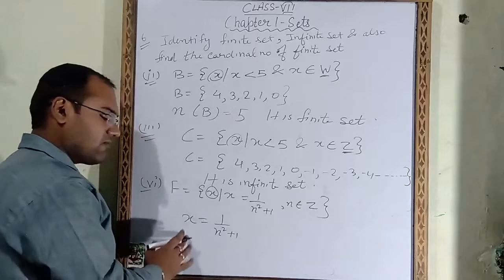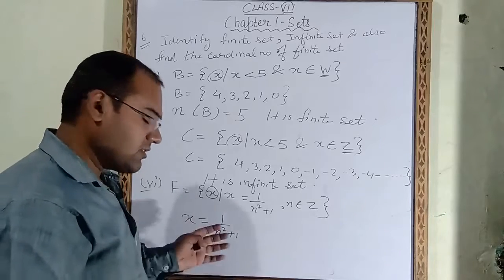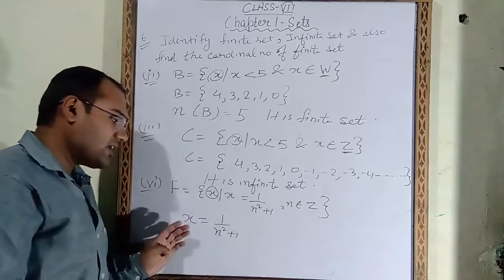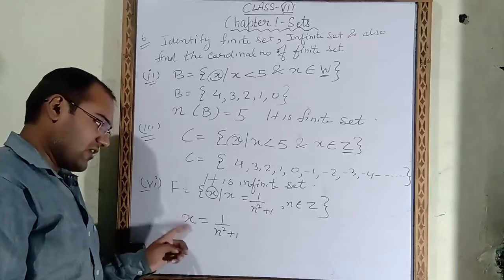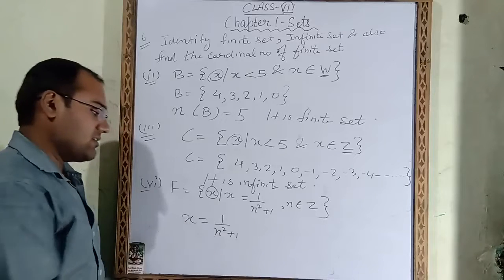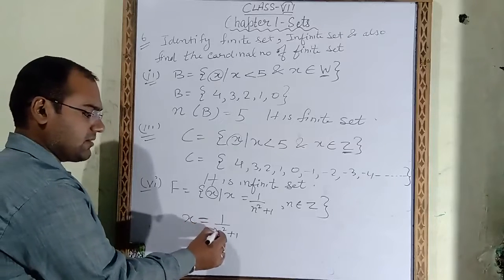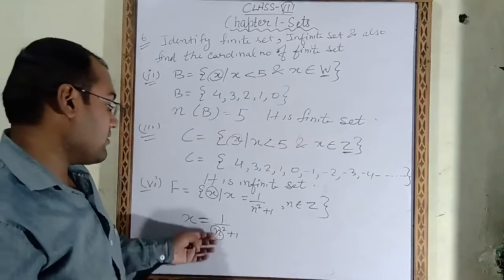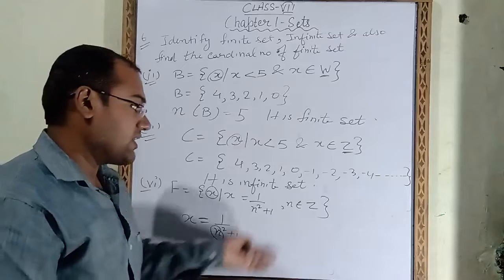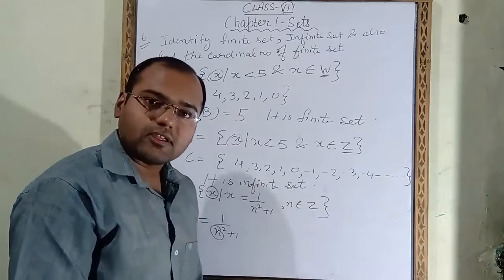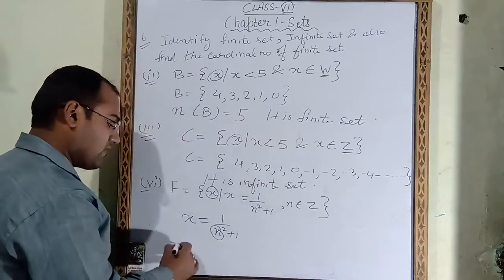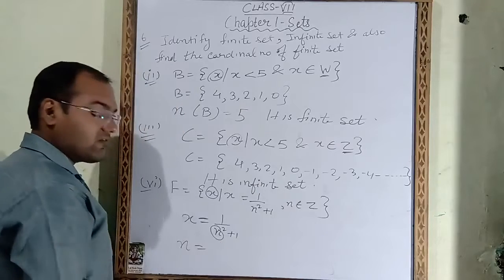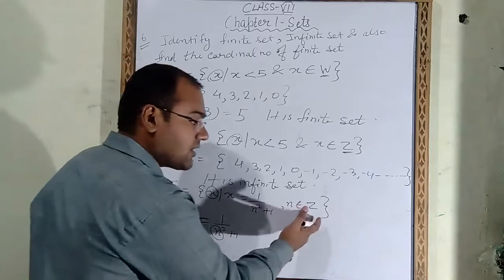One formula is given. This is the formula to find the value of x, but this x value depends on n. So we have to put the value of n. What is n? n belongs to integer. What will be the value of n? n is an integer.